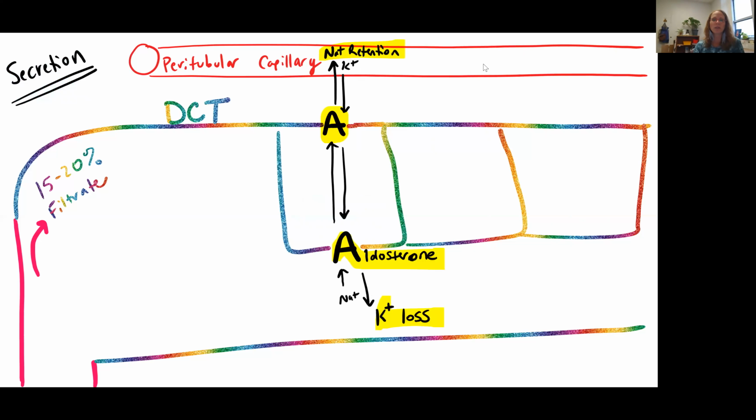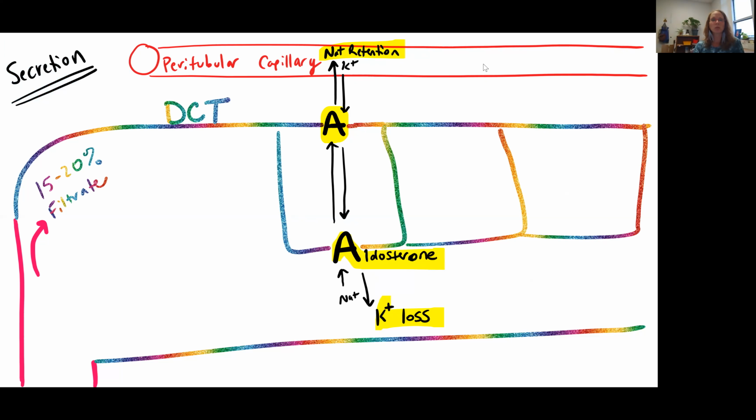And then we can have selective reabsorption of sodium and secretion of potassium. This is under the control of aldosterone. So aldosterone is a hormone we've talked about before. If you have the release of aldosterone, then we're going to have a sodium-potassium exchange happening here at the DCT.